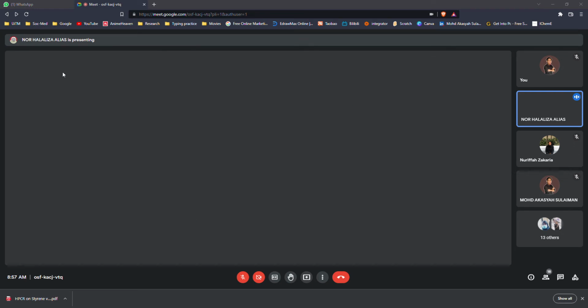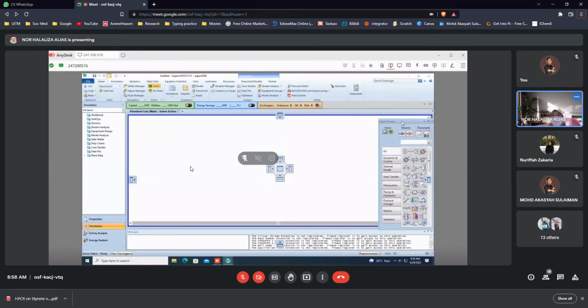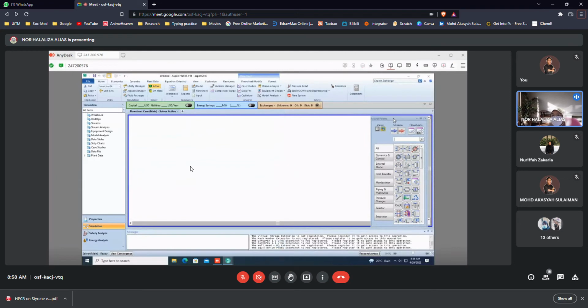And you notice that we have a small box here called the model palette. Usually we drag this box to the right, so that your work later will be easier. You just put it aside to the right hand side and you will have a spacious flow sheet here for you to drag all the streams and also equipment.